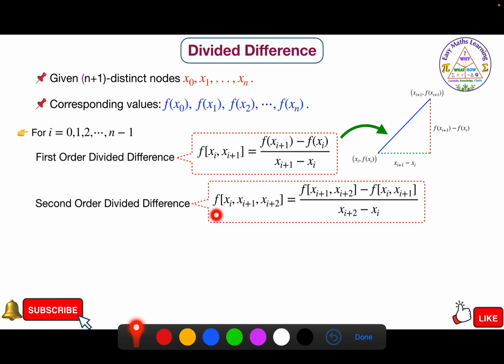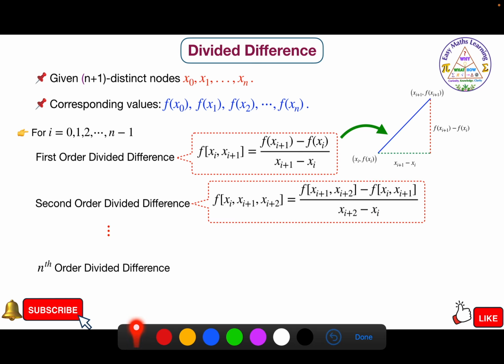So you can see here the second order divided difference is defined in terms of first order divided differences. While the first divided difference measures the slope of the straight line, the second divided difference measures the change in the slope.